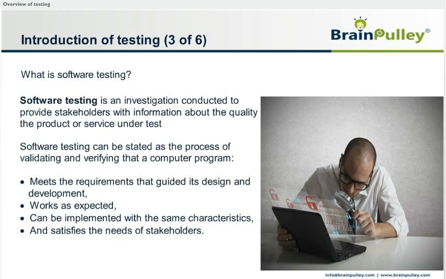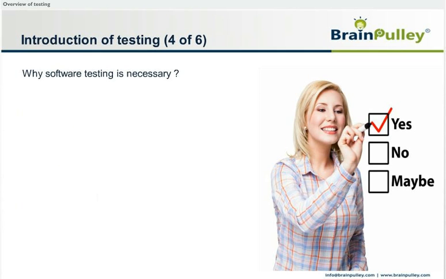Now you might think why software testing is necessary. Even if a software is built by a defined practice, it can contain bugs. We'll discuss in next slide how a bug in a software can cause fatal damages. Why software testing is necessary.